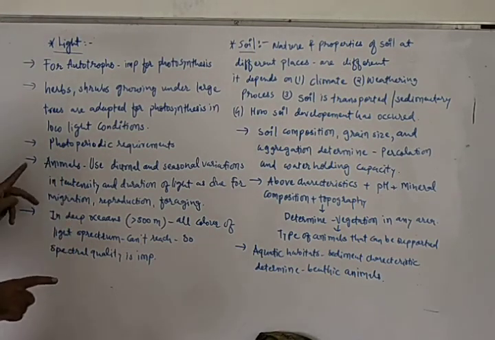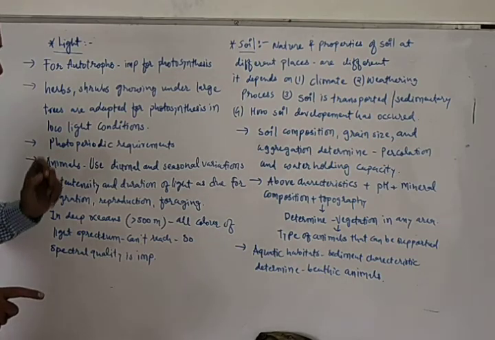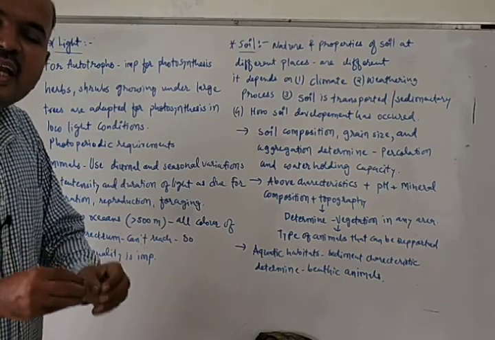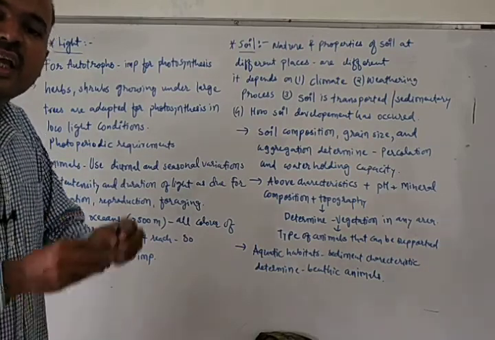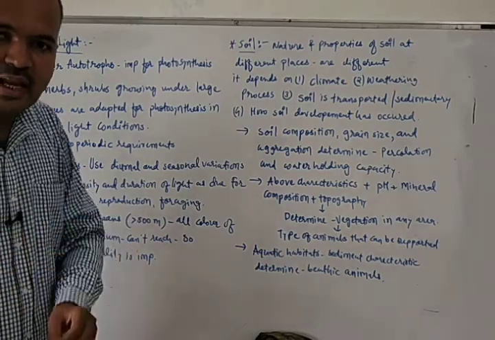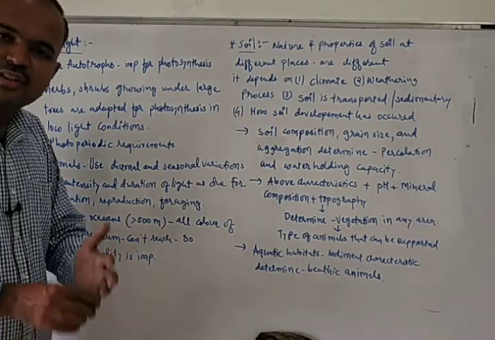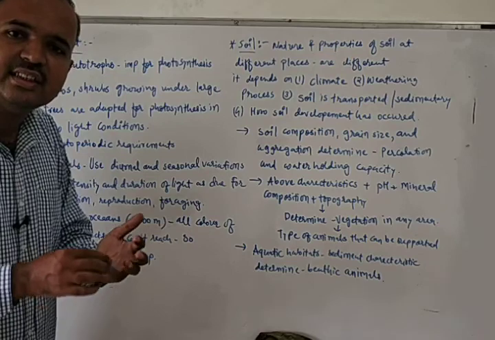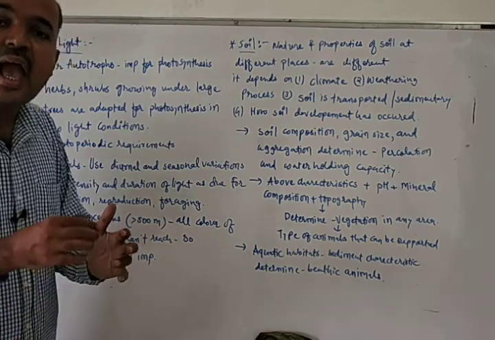Let's talk about the importance of light for animals. Generally, animals use seasonal and diurnal variations in intensity and duration of light as a clue.